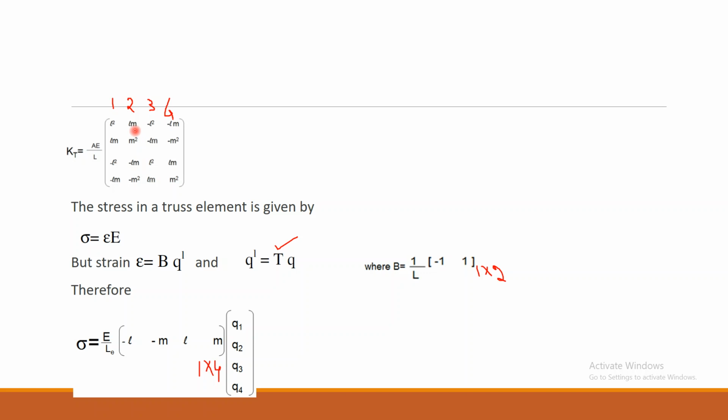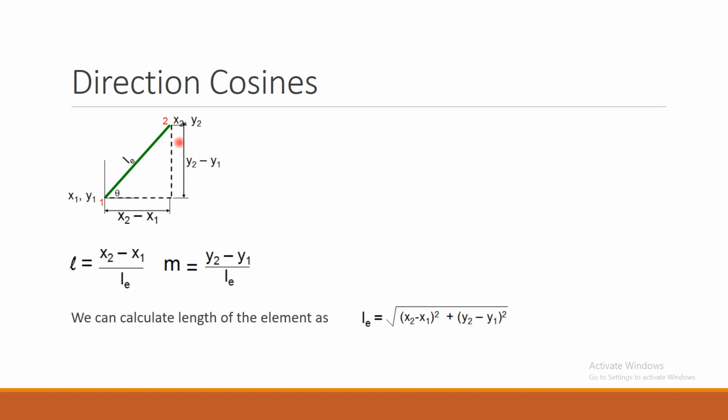L is nothing but cos theta and M is nothing but sin theta. These two we need to find out. In order to find them, we should have relations in terms of the coordinate system, so let us have a look at this diagram.